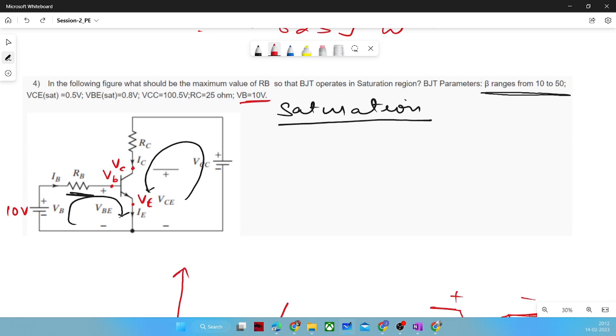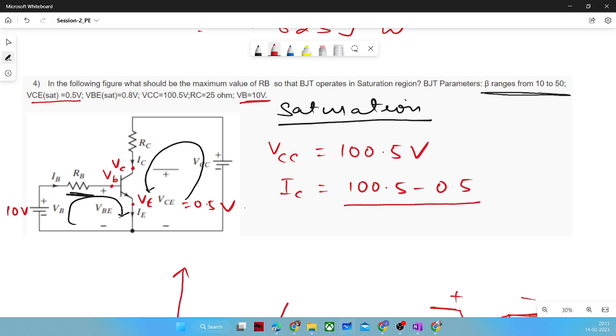So VCC is 10.5 volt, and VC sat is given 0.5 volt. So IC you can compute: 10.5 minus 0.5 divided by RC, that is 25, and IC you will get 0.4 ampere.